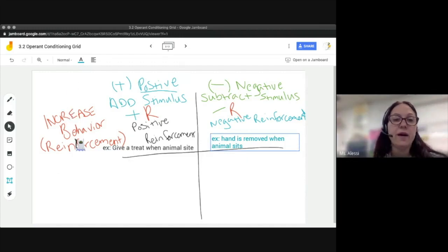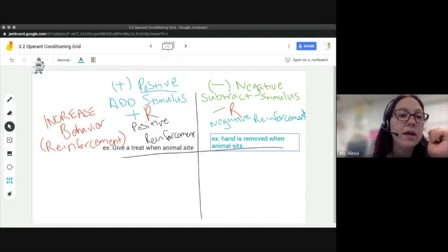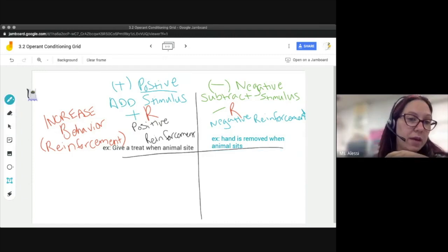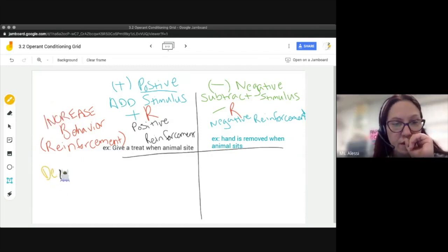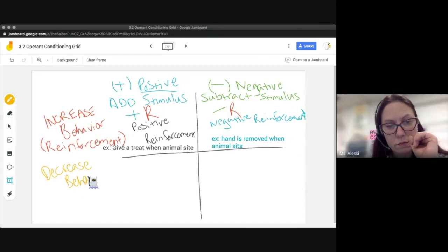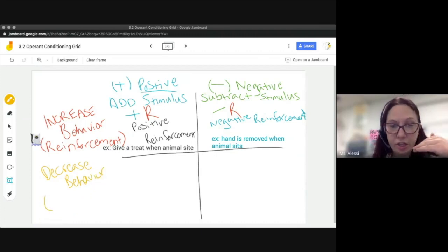All right. So now we've increased behaviors by reinforcing them. We've talked about positive and negative. Now I'm going to talk about decreasing a behavior. Okay, so now I need to look at decreasing a behavior. If I want to decrease a behavior, I want to diminish it.